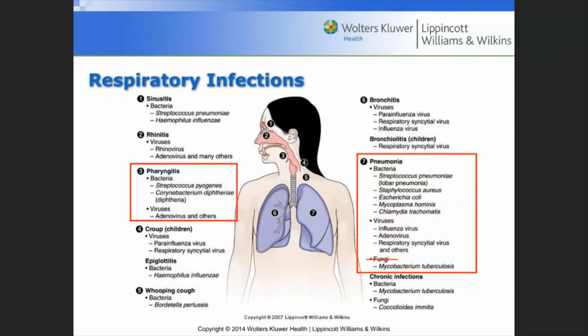Even though the lumen of the GI tract is inside your body, it is still considered outside unless it invades your mucosal membrane. That's why these particular areas tend to have a lot of infection: the skin, the respiratory tract, the GI tract, the urogenital tract. It's because they're exposed to the environment.